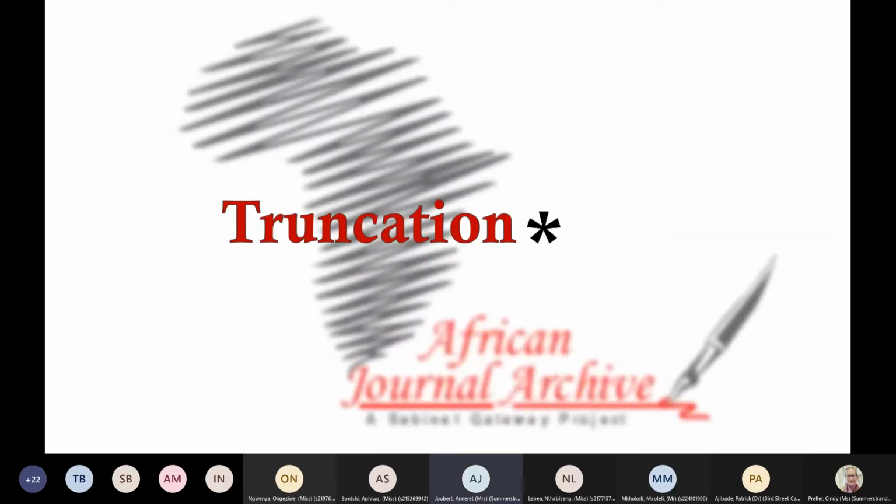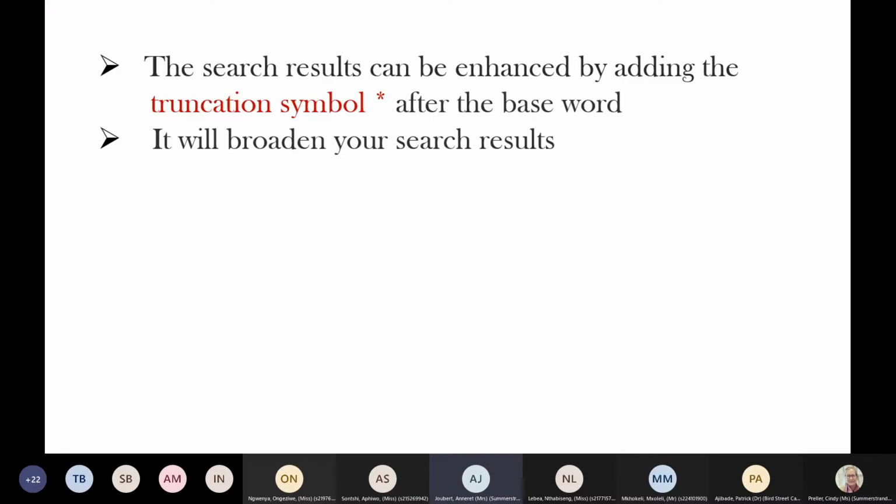And truncation is another search technique that you can apply. You use the truncation symbol at the end or after the base of the word, and that will also broaden your search results.